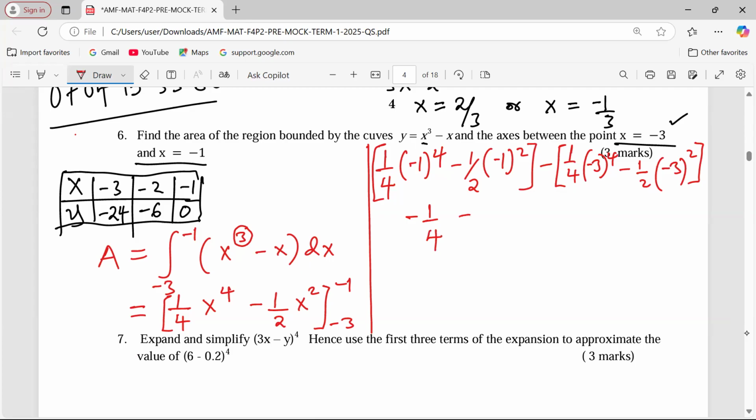Then from the other case, we'll be subtracting. When we take 1/4 into -3 power 4, then we subtract half into -3 squared, we are getting 15 3/4.